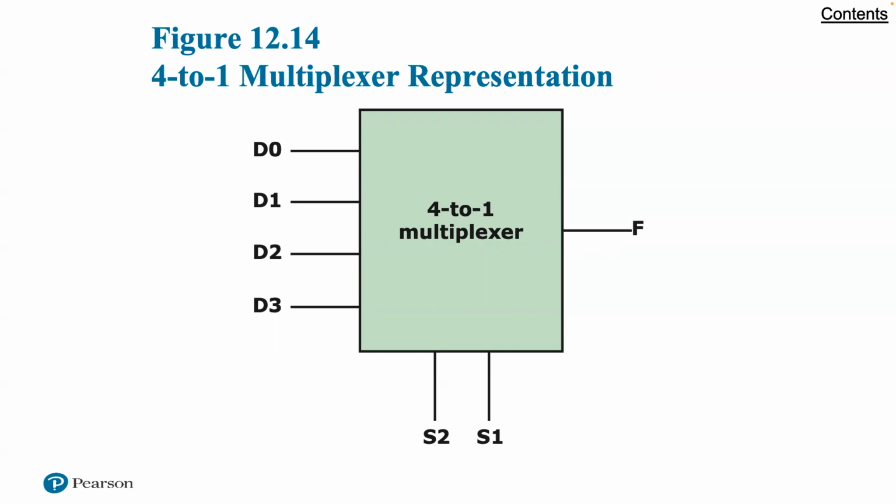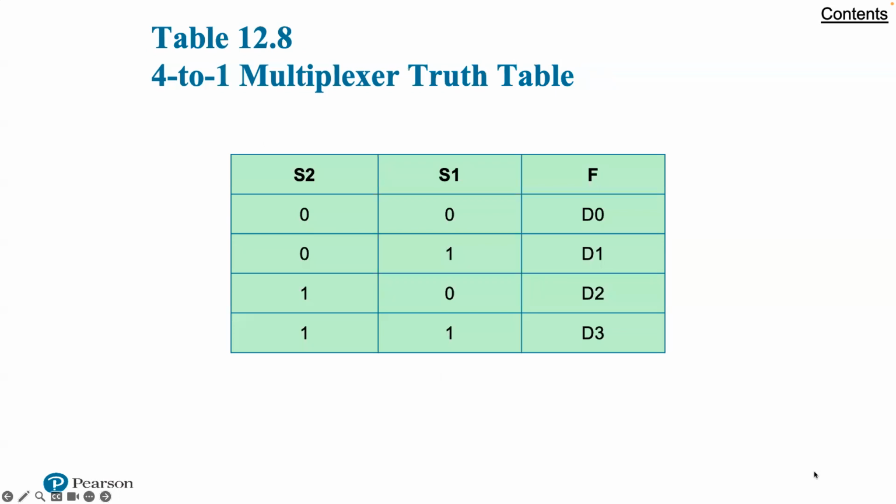There are 4 input lines labeled D0, D1, D2, and D3. One of these lines is selected to provide the output signal F. To select one of the 4 possible inputs, a 2-bit selection code is needed, and this is implemented as 2 select lines labeled S1 and S2. So those are at the bottom.